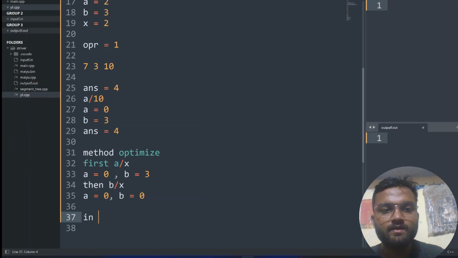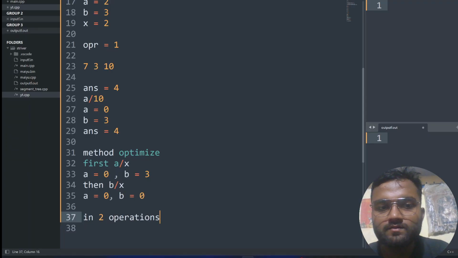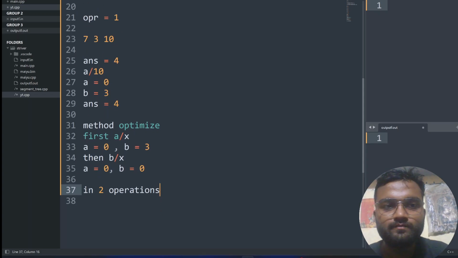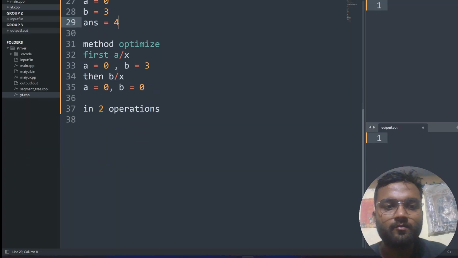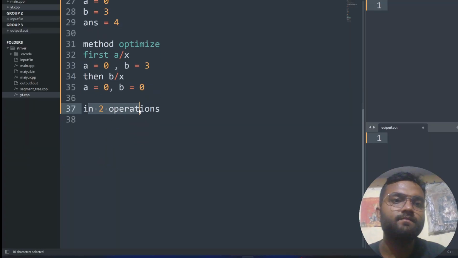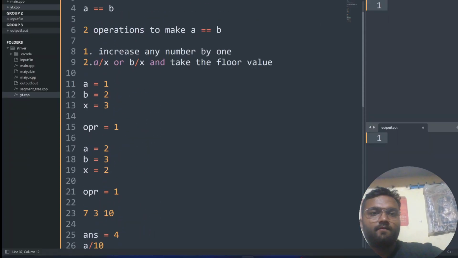In two operations we have made both a and b 0. So we tried one approach that takes 4, then another that takes 4, and the optimized one takes 2 operations. In this way we have to solve it.